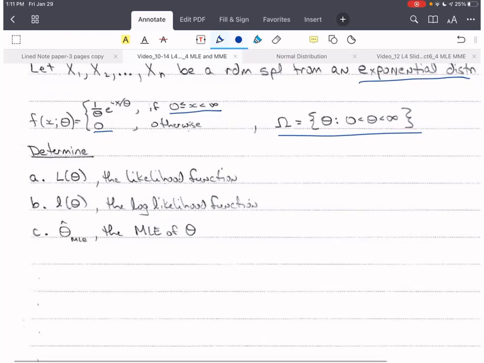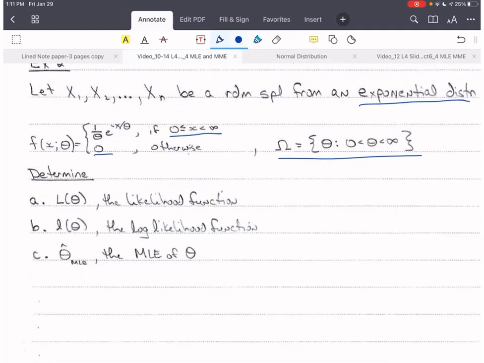So the first thing we want to do is find the likelihood function. Let's see, this is example 2. Now, we want to find A. I want to find L of theta, and remember that this is the product from i equals 1 to n of f of x theta, which in this case, you can skip this step if you want, as long as you do it correctly.